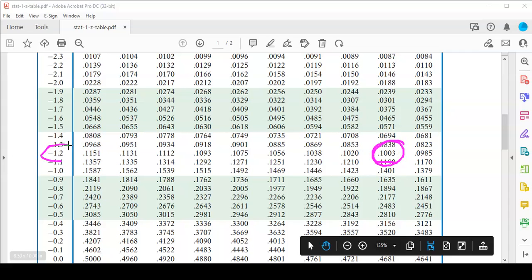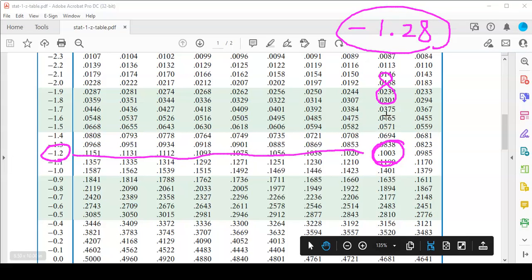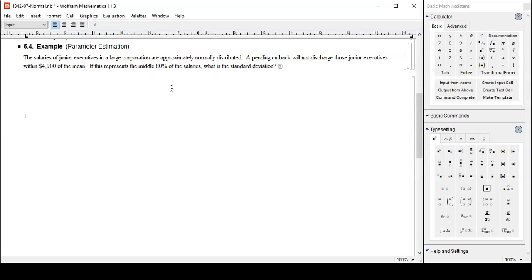It comes from the negative 1.2 row and the 8 column: negative 1.28. Remember that. Negative 1.28 is my z-score.